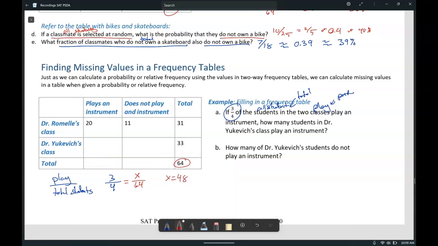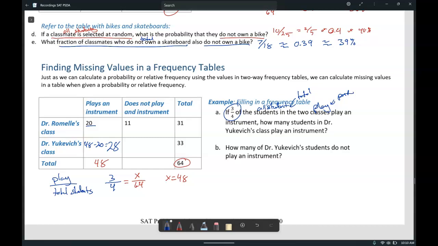Given that 48 students play an instrument, and 20 of them are in Dr. Rammel's class, if we subtract the total by the 20 in Dr. Rammel's, we get the 28 students that play in Dr. Yukovich's class. And then we can fill in the rest of the table if we needed to.